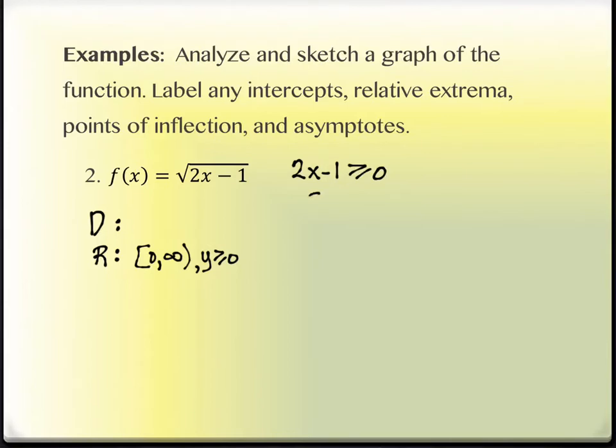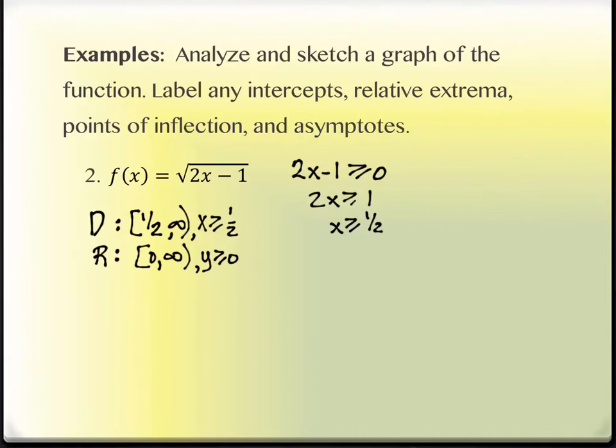I can move my 1, so 2x is greater than or equal to 1, and divide by my 2, so x is greater than or equal to 1/2. Or if you wrote it in interval notation, it would be from 1/2 to infinity. Those are two different ways to write it.